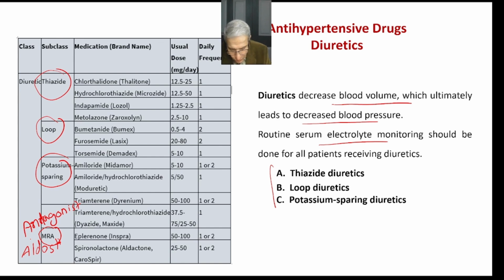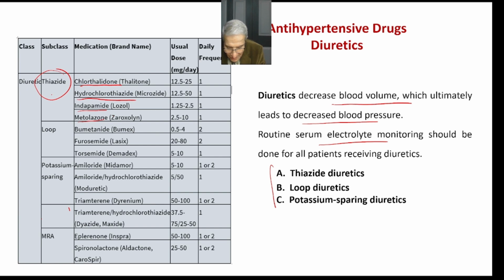Okay, so what we have here, speaking about the group of medication. For example, for thiazide, we need students to understand: we have chlorthalidone, we have hydrochlorothiazide, Microzide, indapamide, metolazone.